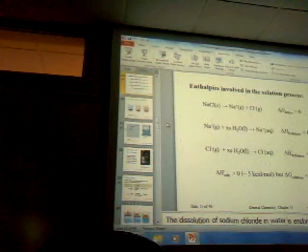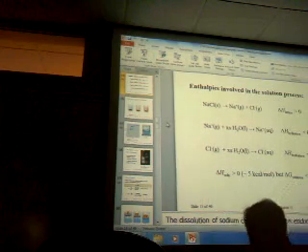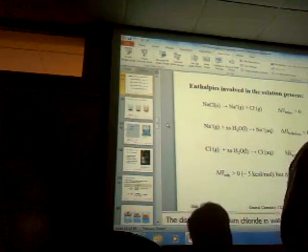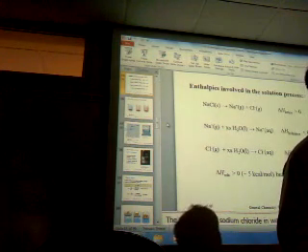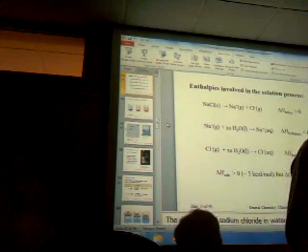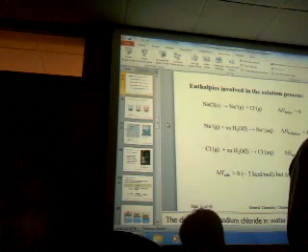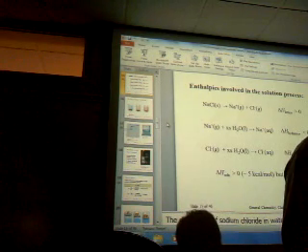Now, do you guys remember the solubility rules? One of the things that can help you is, because it's easy to forget rote memorization, but if you memorize certain patterns or certain trends, it's a lot easier to remember those.